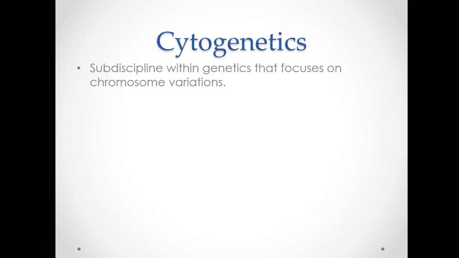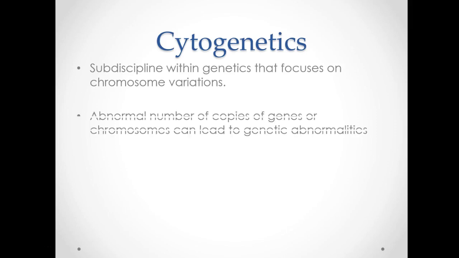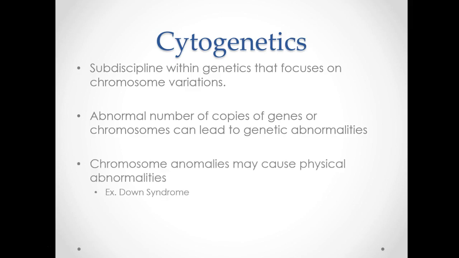All right, so there's a whole subdiscipline within genetics called cytogenetics. Cytogenetics just focuses on chromosome variations. So cytogeneticists are looking at not only abnormal numbers of chromosomes or abnormal shapes of chromosomes, and how these things can lead to different types of genetic abnormalities. Sometimes we have chromosome anomalies that cause a very distinct physical syndrome.